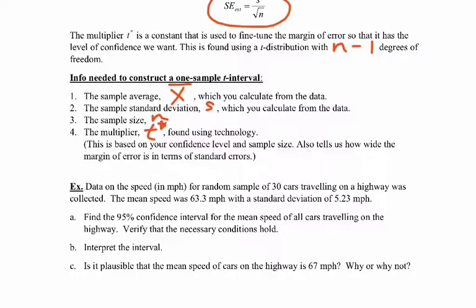We're not going to have to remember those or anything like that. The multiplier is based on your confidence level and your sample size, and it tells us how wide the margin of error needs to be in terms of standard errors, just like it was back in Chapter 7. So if I wanted a 95% confidence interval, I used a z-star value of 2. It's a similar idea, but it's just going to be different numbers.